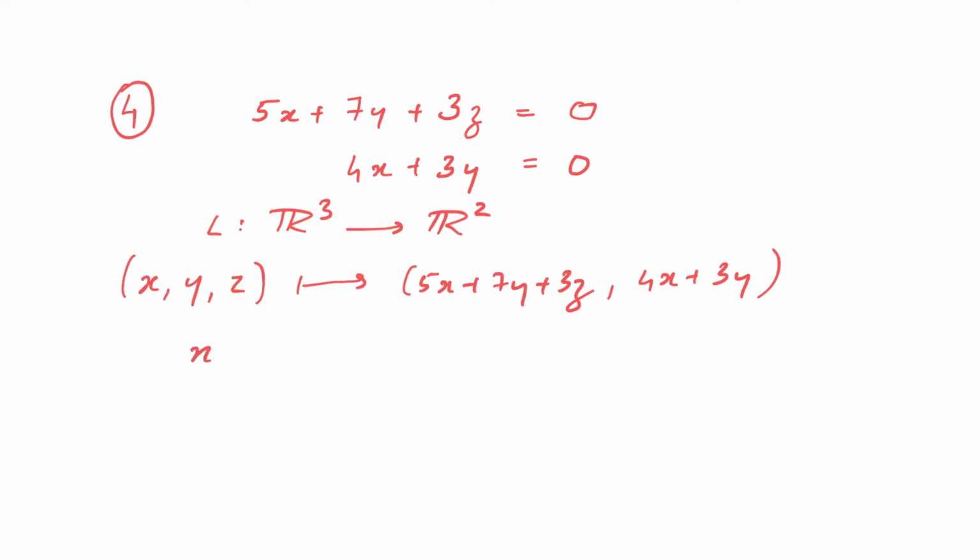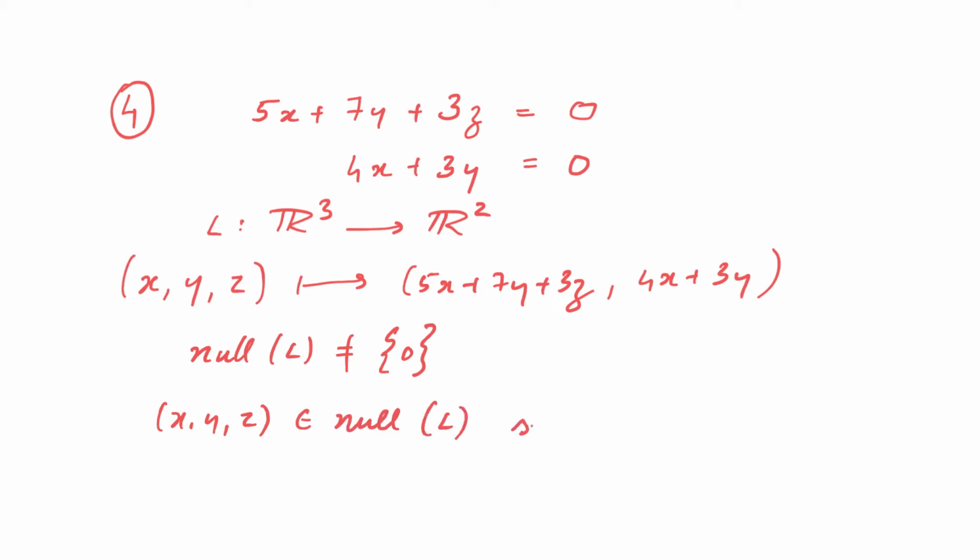Therefore, our theorem tells us that null of L is not equal to the singleton set 0. That is, there exists some element x, y, z in the null of L such that x, y, z is not equal to 0, 0, 0.